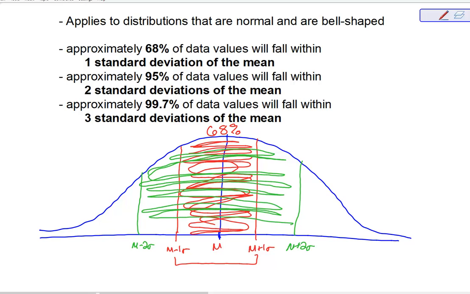So that's including the red, and I go out a little bit further. 95% of my data will fall. So this is 95%. So I include that original 68%, and then I've gone out further.